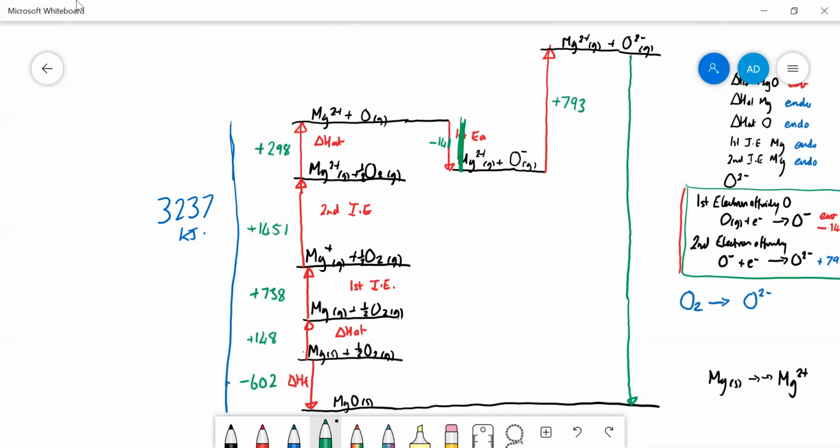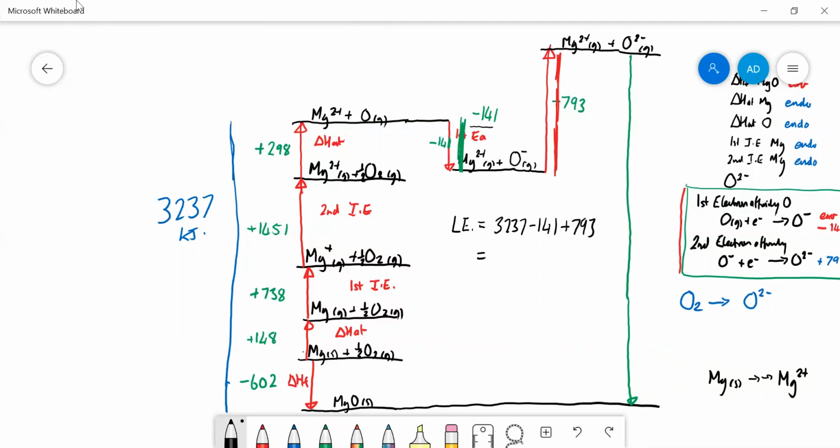And then we're going to have to go down here, and I'll do that in green. That bit there is going down. The first one is -141. And then we're going to have to go back up again by this stuff, which I'll do in red, 793. So if I want to work out the lattice enthalpy going from there to there, it's 3237, then I'm going to go down, so it's -141, and then go back up again, so it's plus 793.